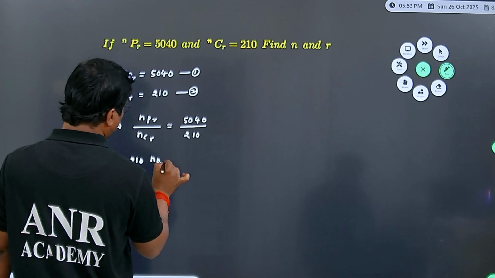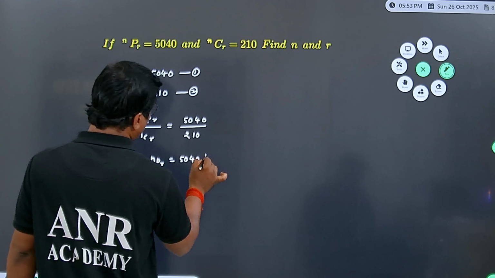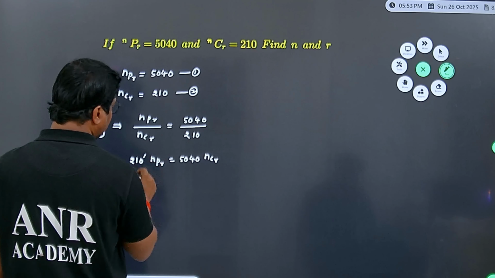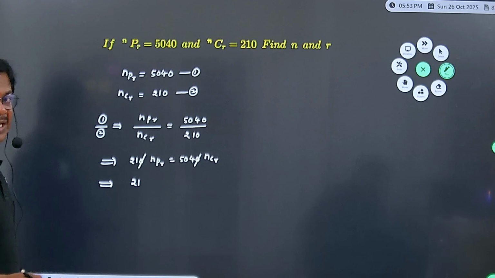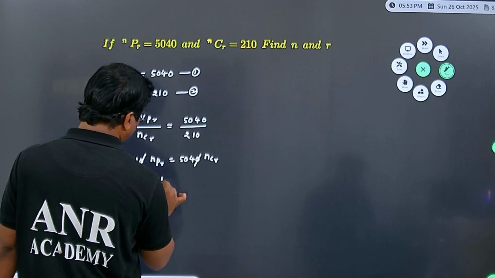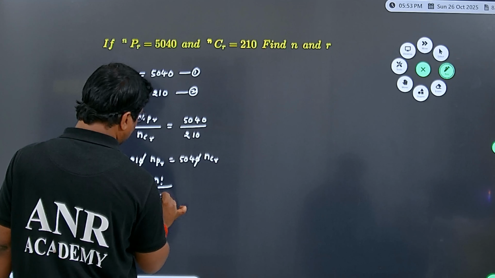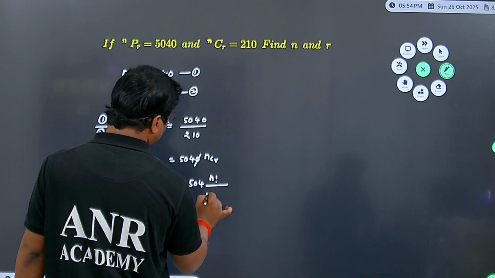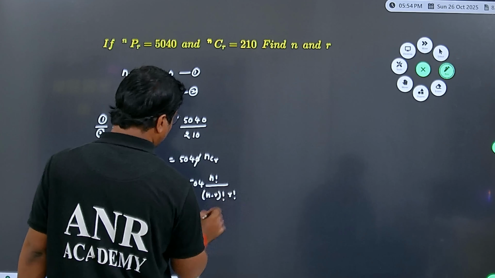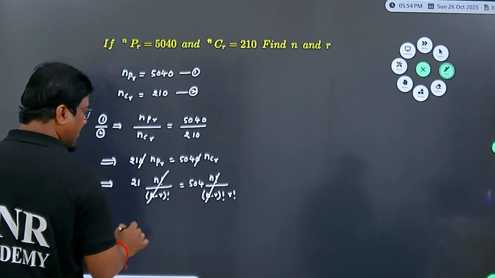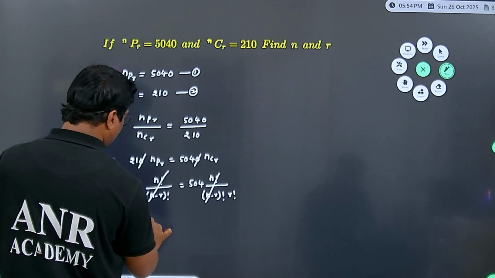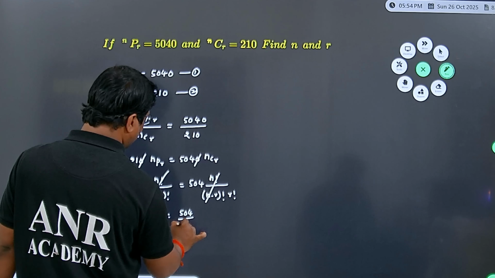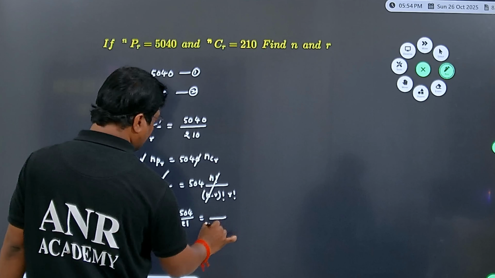The zeros I am going to cancel, so 21 nPr equals 504 nCr. nPr value is n factorial by n minus r factorial, and nCr is written as n factorial by n minus r factorial into r factorial. These two terms get cancelled, which implies r factorial is written as 504 divided by 21.